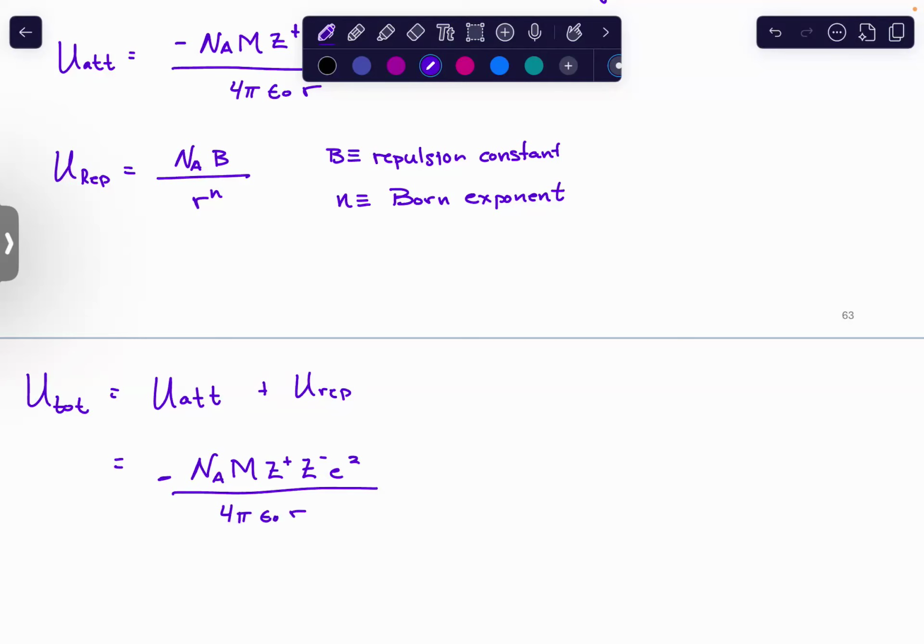And of course, that R is still representing the spacing between your ions. Okay, now we start to have a little fun.